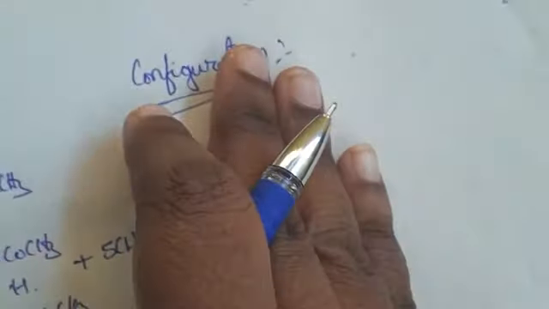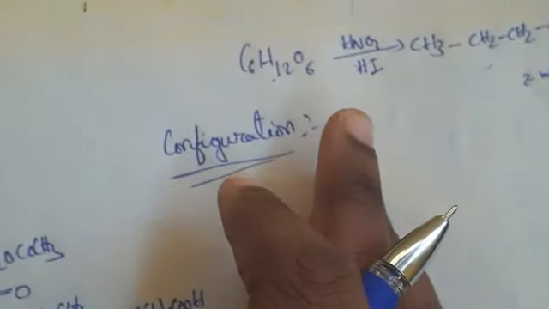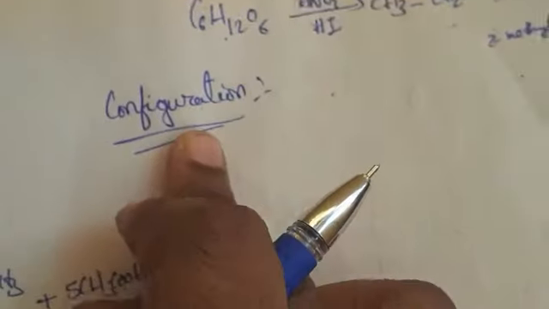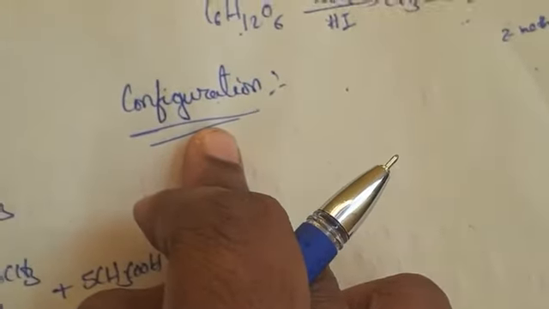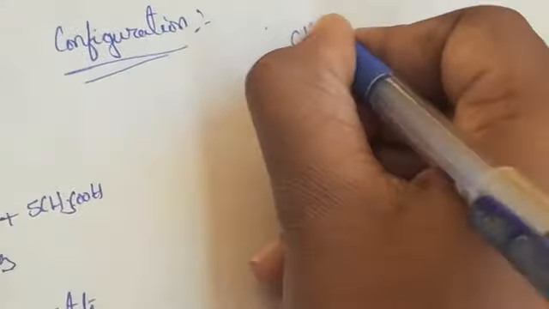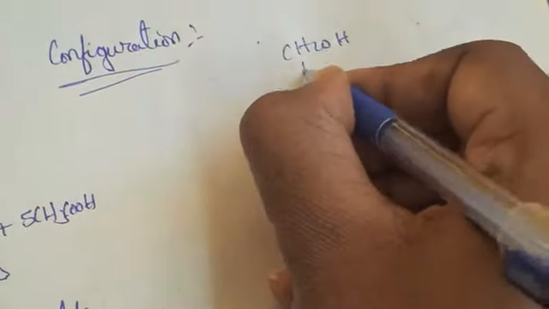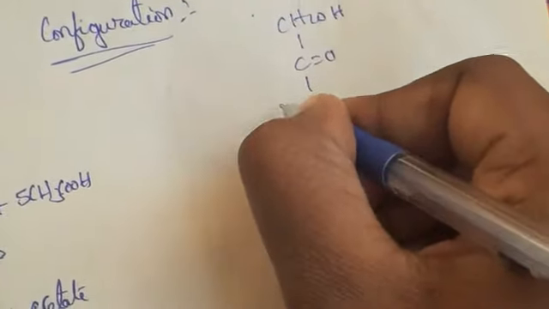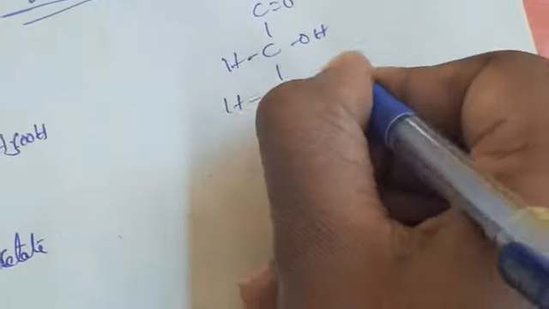In glucose we have a total of 4 chiral carbon atoms, C2, C3, C4, C5. But here, we are going to have 3 chiral carbon atoms. CH2OH, C double bond O, CHOH, CHOH, CHOH and CH2OH.